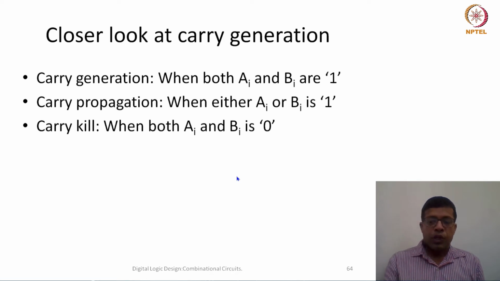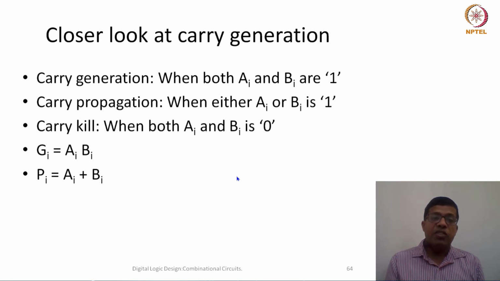Okay, so let's call the carry generation signal Gi, which is equal to Ai and Bi. So when both of them are 1, then generation is 1. Propagation at any particular stage is Pi, which is equal to Ai plus Bi.